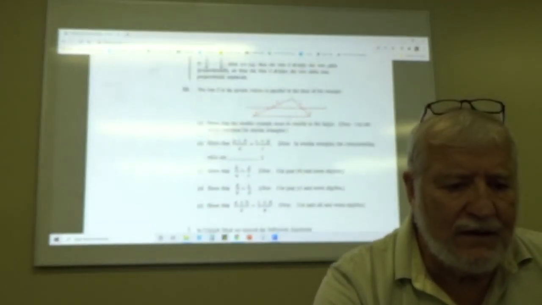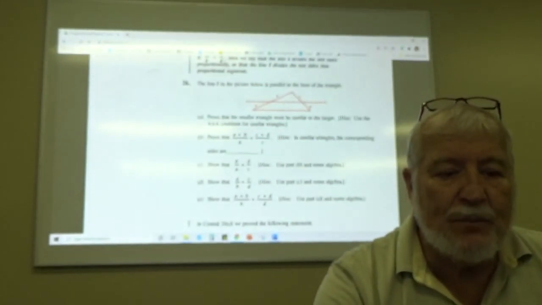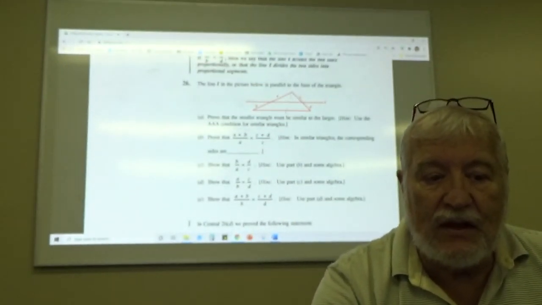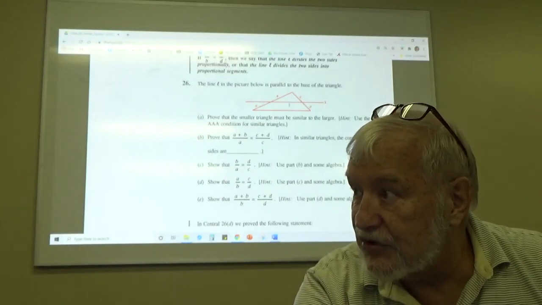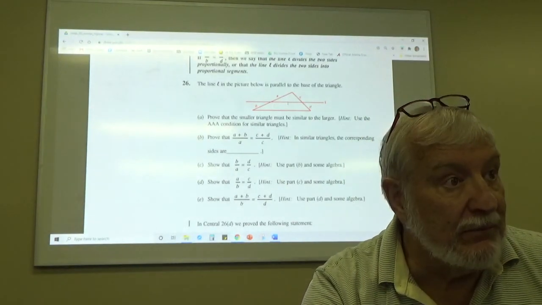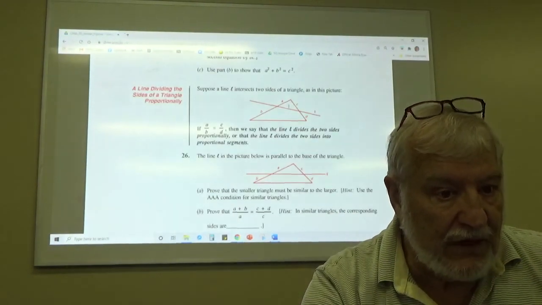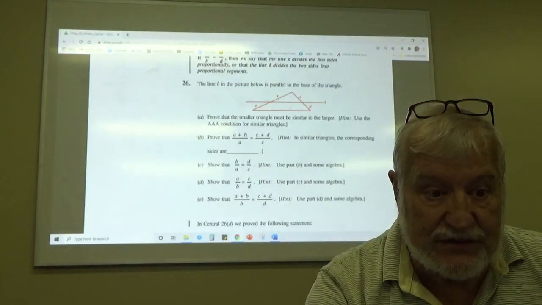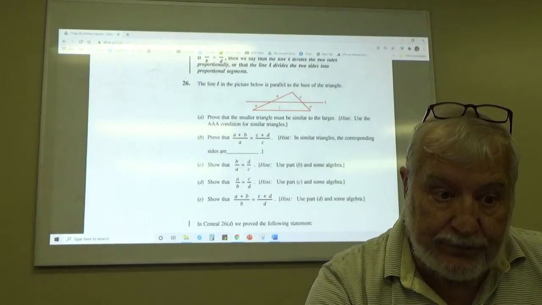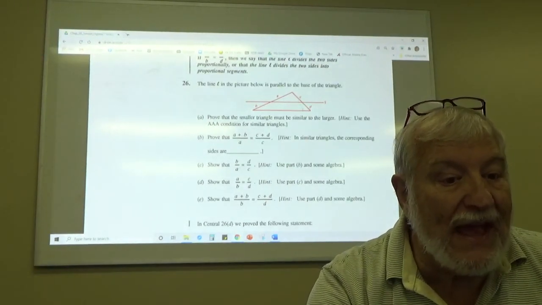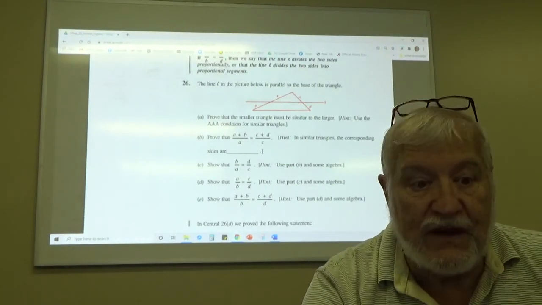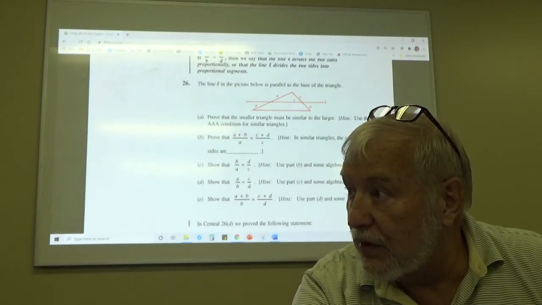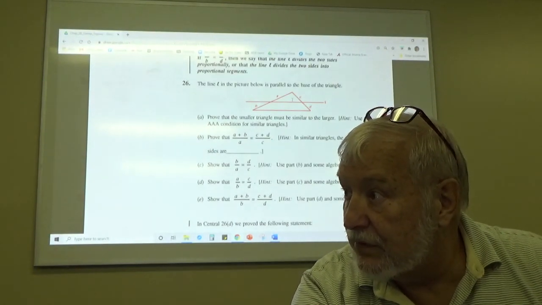All right, when these lines are parallel, the small triangle and the big triangle are proportional. If the line's not parallel, it's not true. But when these lines are parallel, the angles are the same because they're corresponding angles.